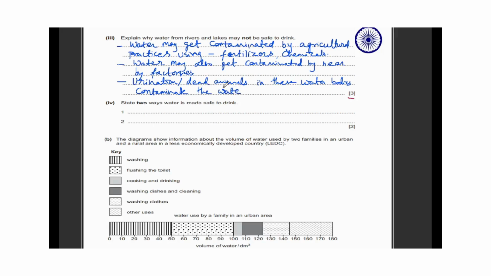So we have dead bodies inside the water, factories which are dumping the waste material and chemicals inside the water, and agricultural practice can also contaminate the water.